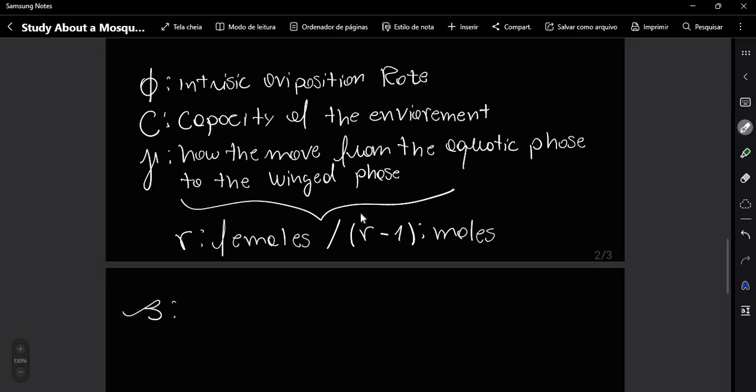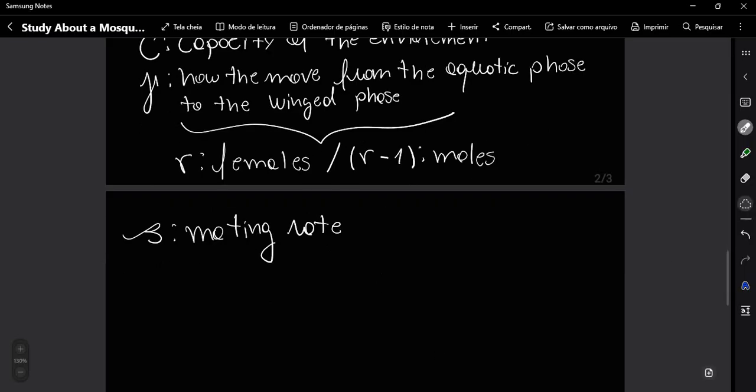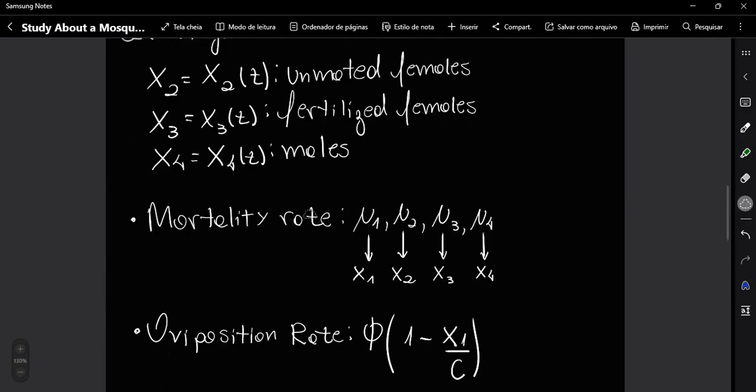And also beta, which is the mating rate. Let me see.